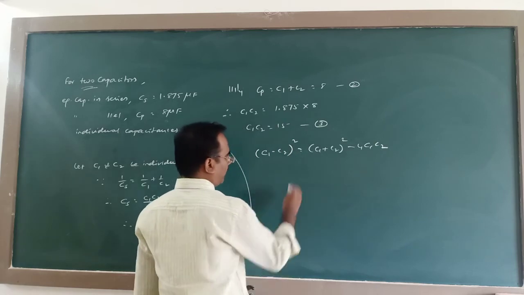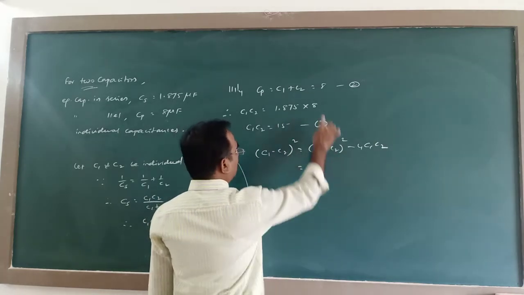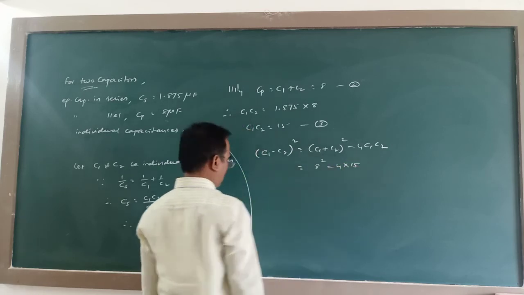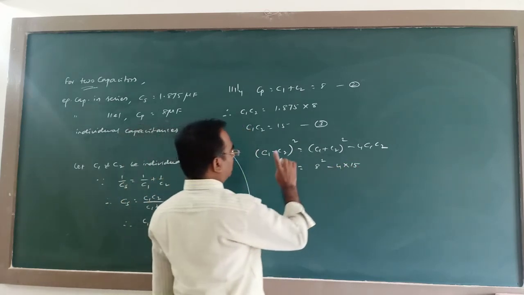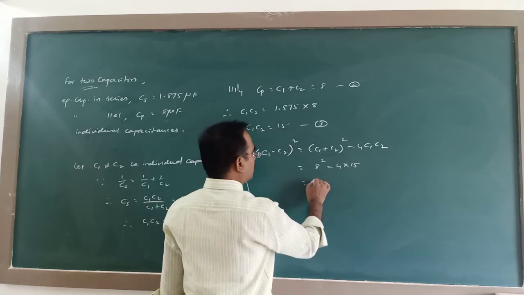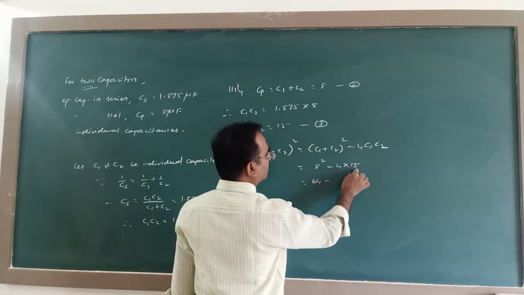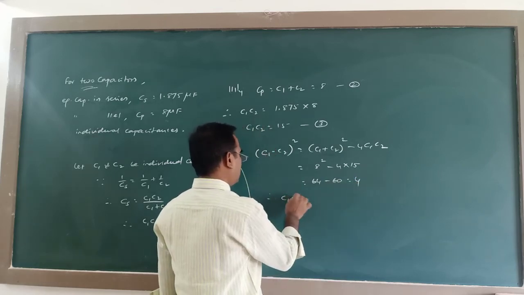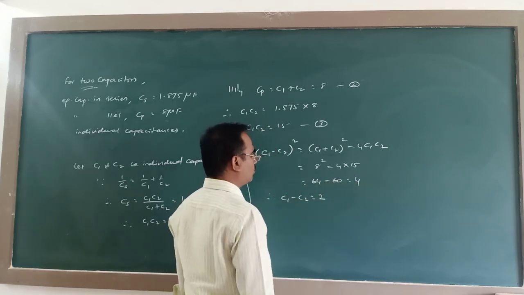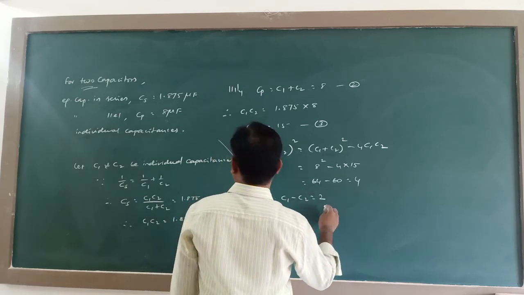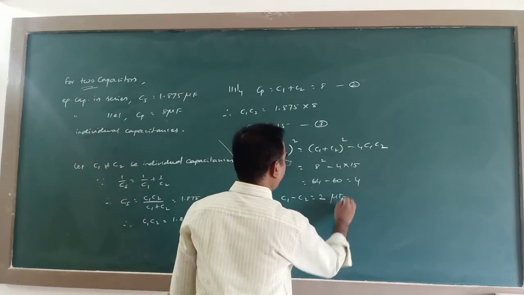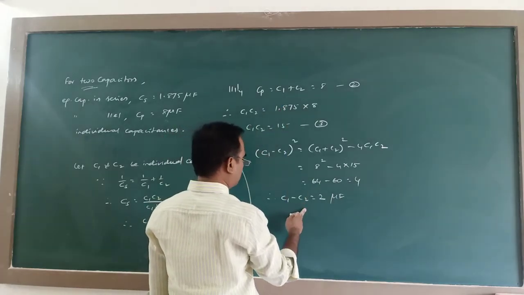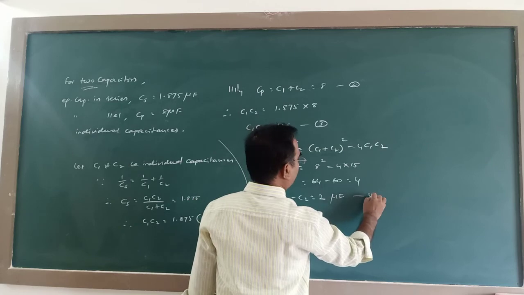So this is 8 square and this is 4 into 15. So 64 minus 60, which is equal to 4. Therefore C1 minus C2 is equal to 2 microfarad. You know C1 plus C2 and you know C1 minus C2. So this is equation 4.